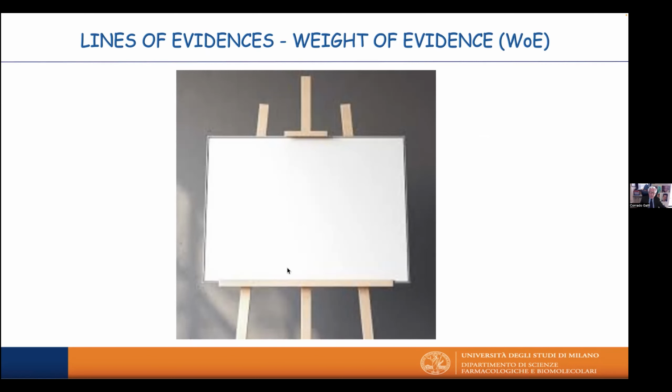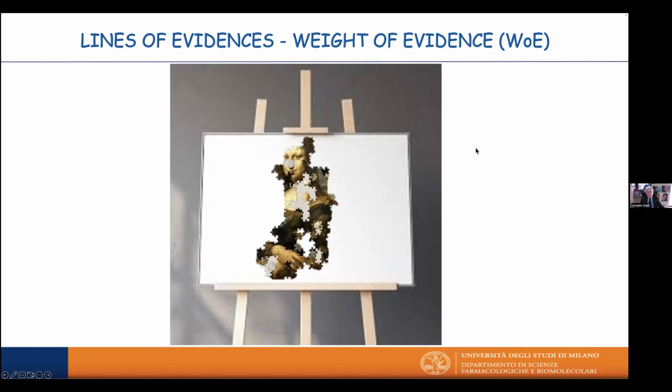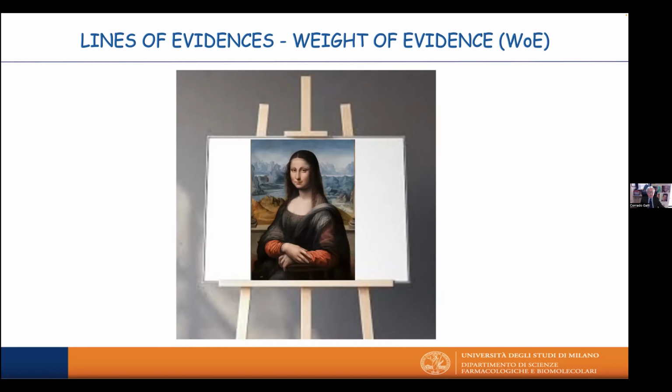Then what happens is that you have these small pieces, and you start to put the pieces together until at the end you can get an overall picture of your assessment. When I say overall picture, I mean don't stop at just one line of evidence result, because what is important in the hazard assessment is the overall assessment.